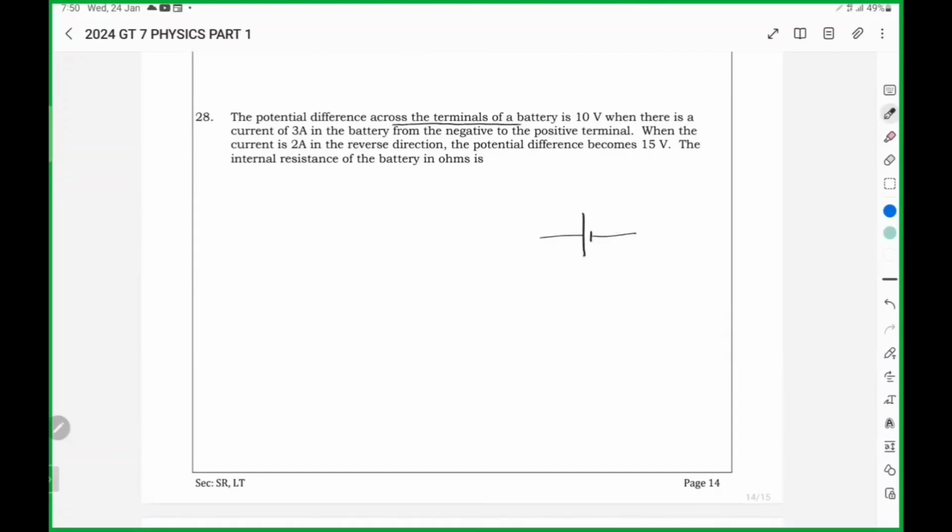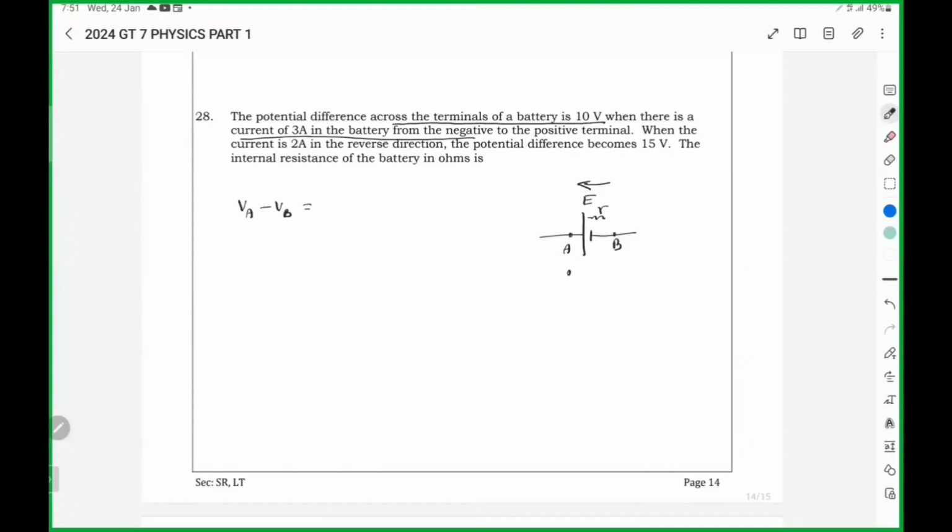Potential difference across the terminals of a battery is 10 volts. That means VA minus VB is how much? Here EMF is E. The battery may have some internal resistance, when current 3 amperes flows from negative to positive terminal.